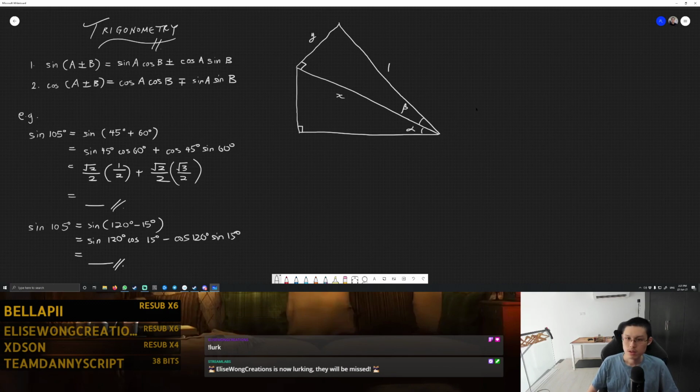Using our trigonometric functions, sine beta is opposite over hypotenuse, so y is sine beta. Cos beta is adjacent over hypotenuse, therefore x is cos beta. So we can replace these with cos beta and sine beta respectively.